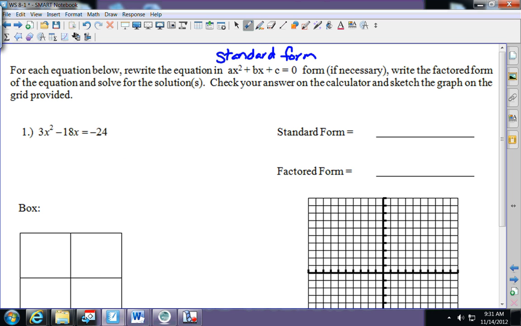First off, when I'm looking at this one, it's not in standard form yet. You have to move that negative 24, and the way I'm going to do that is add 24 to each side.